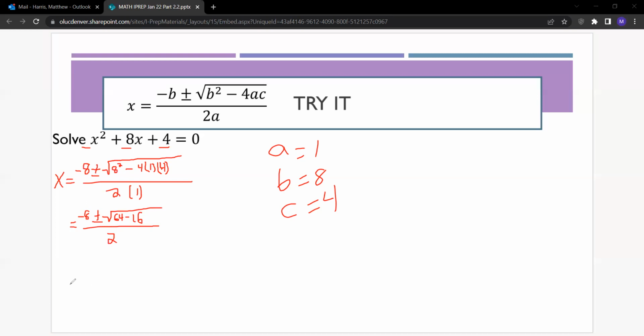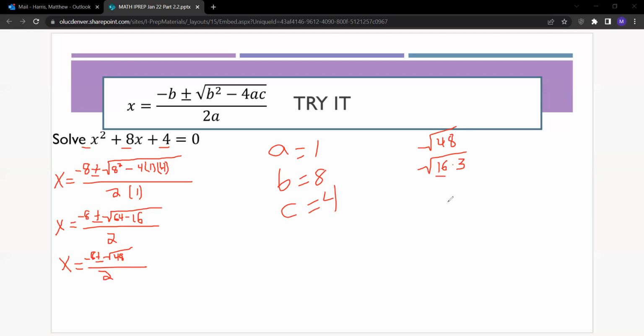Then we just have to keep simplifying. Next we have x is equal to negative 8 plus or minus the square root of 48, all over 2. But then we know we can simplify this radical. The square root of 48 is the same as the square root of 16 times 3.